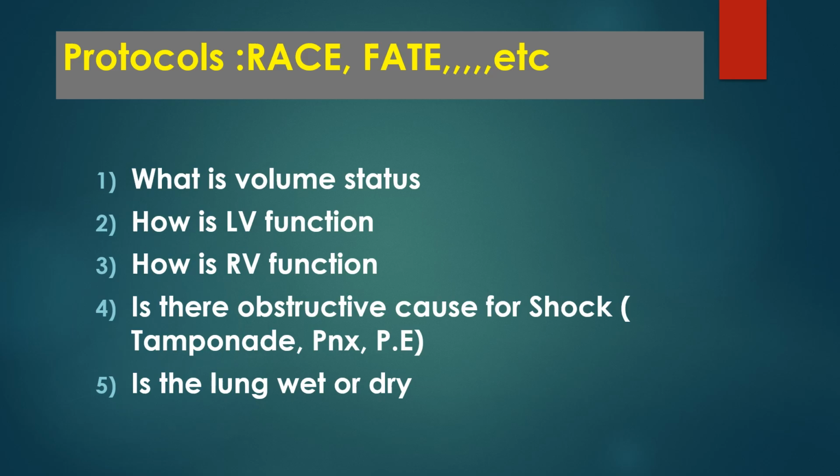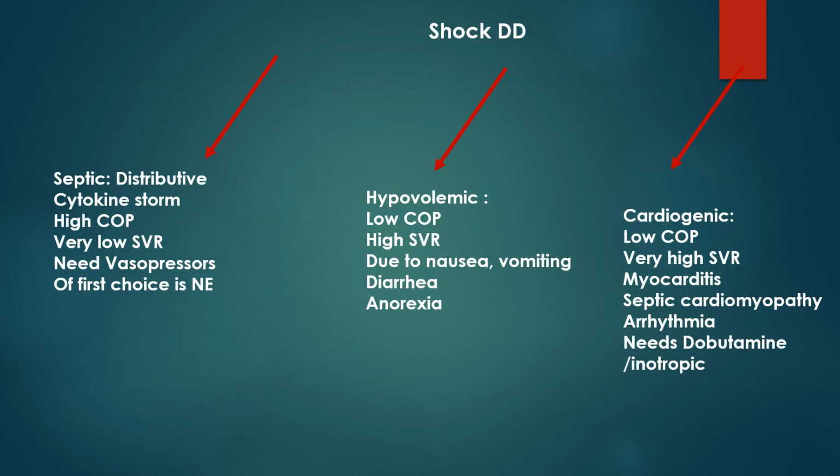Whatever protocol you go with, you have to answer certain questions with critical care echocardiography in hemodynamically unstable patients, especially our COVID-19 patients. What is the volume status? How is the LV and RV function? Are there any signs of obstructive shock, like tamponade, pneumothorax, or pulmonary embolism? And last but not least, is the lung wet or dry?